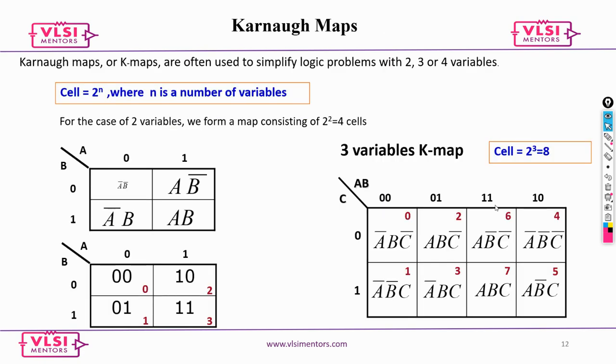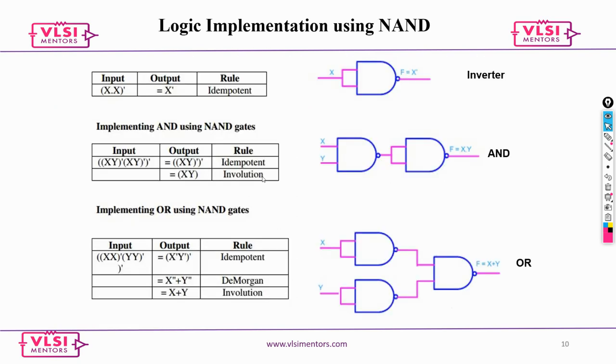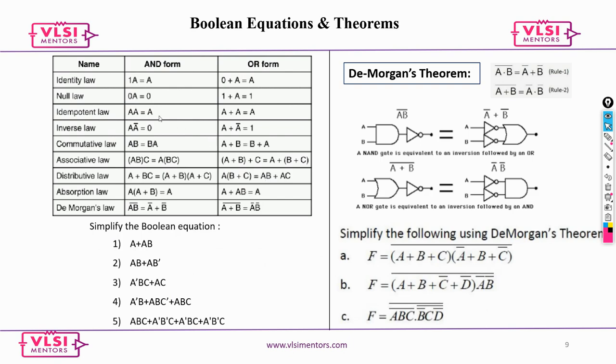Now the next important topic is called Karnaugh maps. At the end of the day, we are all human beings, and remembering all these formulas is not an easy thing, which you may or may not use on a day-to-day basis.